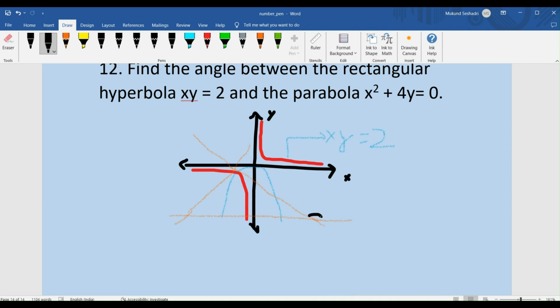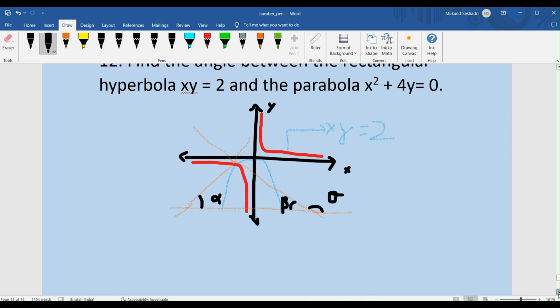This is one, right? So let me call this theta, and this is another one which is alpha, right? And let me call this one out here beta, right? So we know what alpha and theta are.